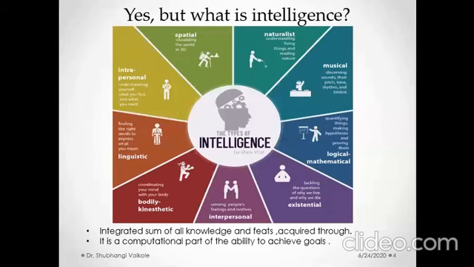So naturally, the types of intelligence cover various areas. Naturalist: understanding living things and reading nature. As human beings, we are able to understand living things, understand nature, and gain knowledge from the environment.